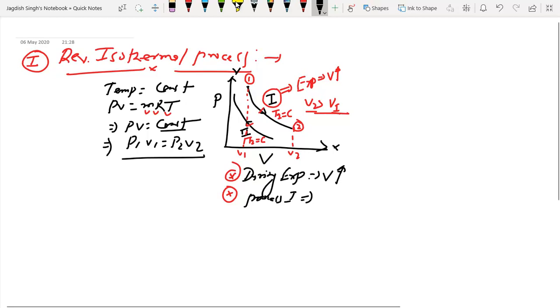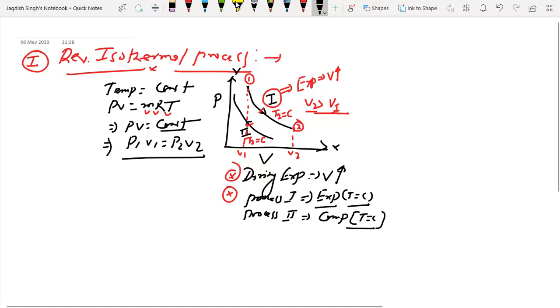That's why process 1 is an expansion process at constant temperature, and process 2 is a compression process, at isothermal conditions. During compression, volume will decrease.